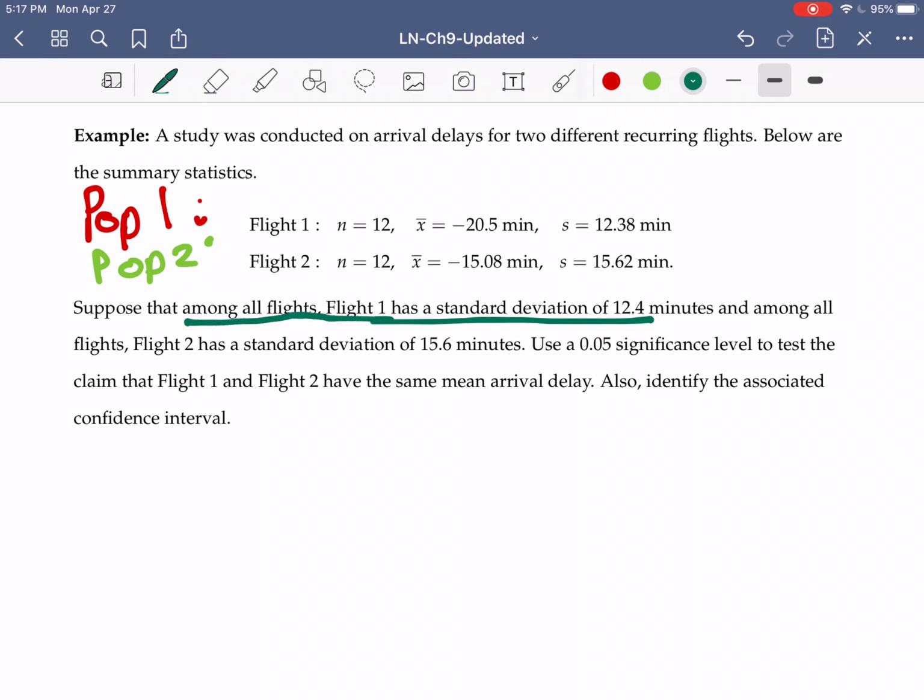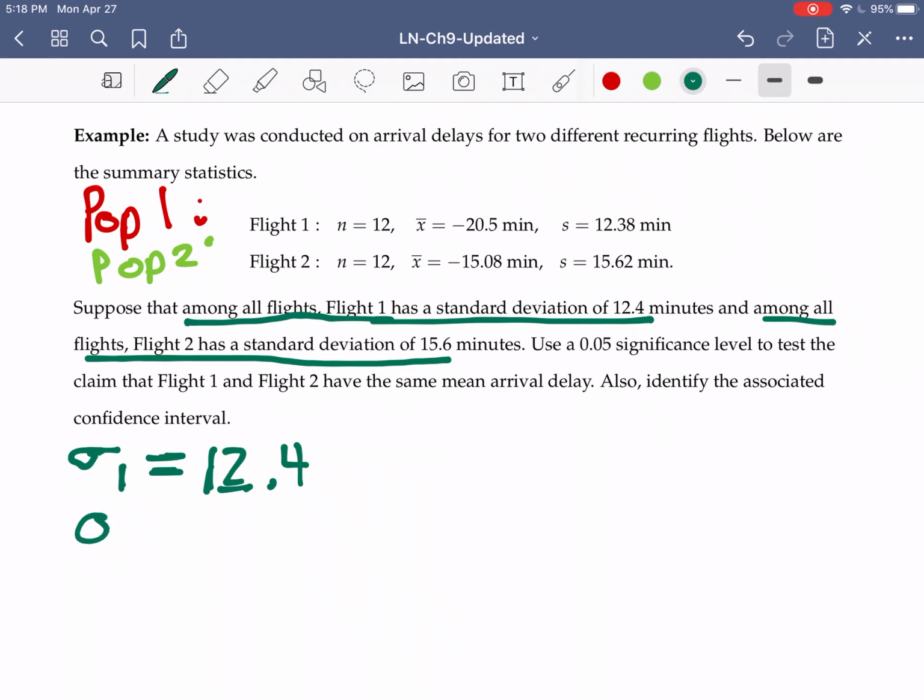And among all flights, flight 2 has a standard deviation of 15.6. So that gives us a value for sigma 1, the standard deviation of all flights 1, is 12.4. Standard deviation of all flights 2 is 15.6.